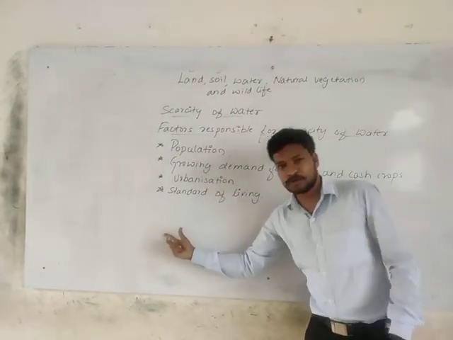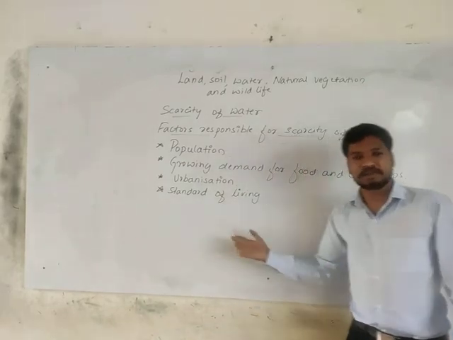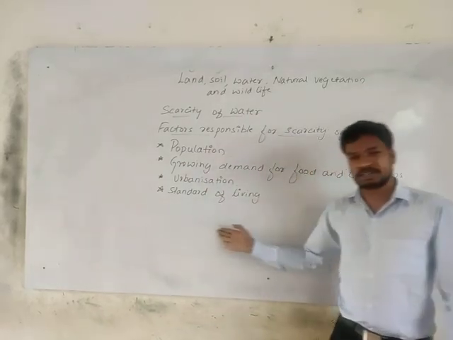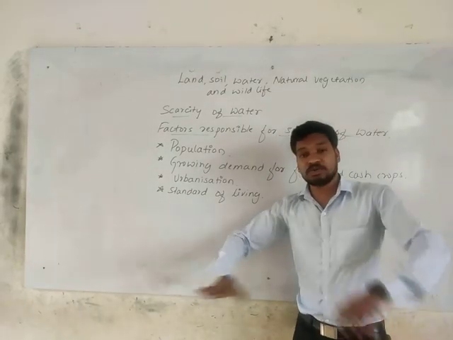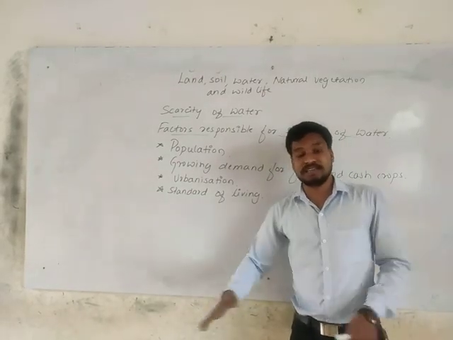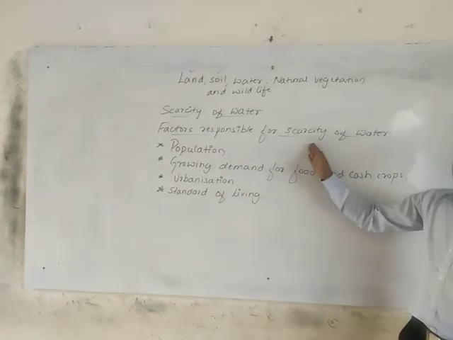These are the 4 important points. If you go on listing, you get many more, like industrialization and the construction of buildings and roads, where we are chopping trees, which is deforestation. It's also another reason for scarcity in water.